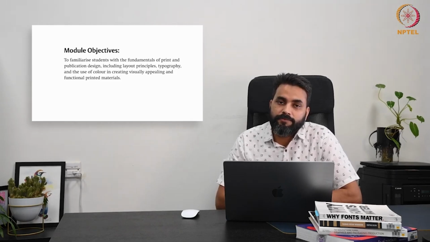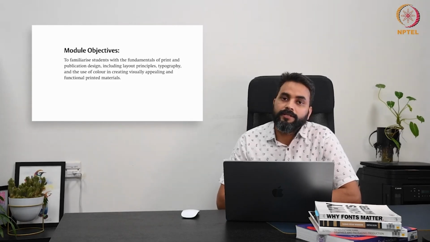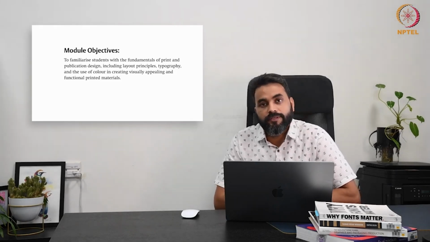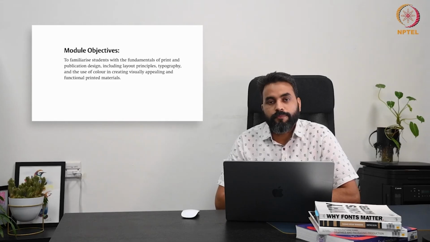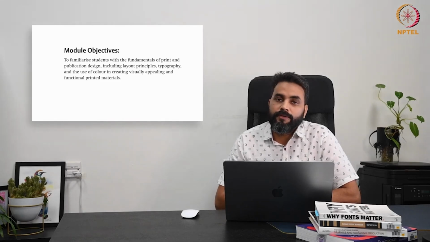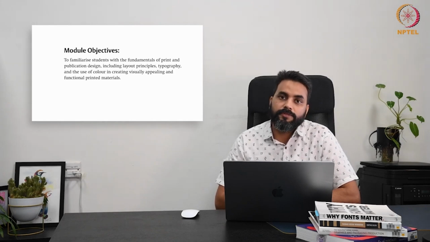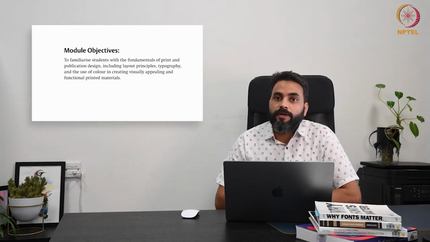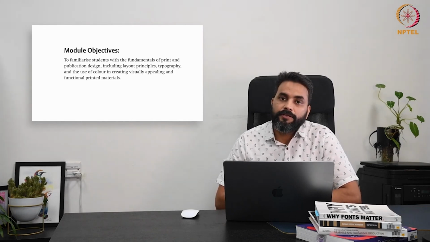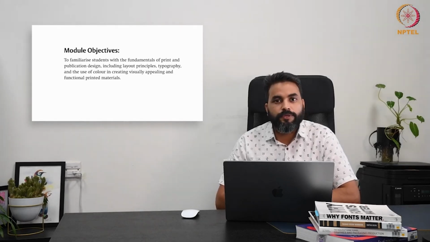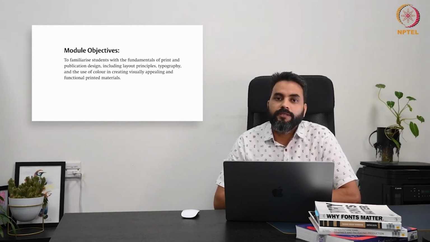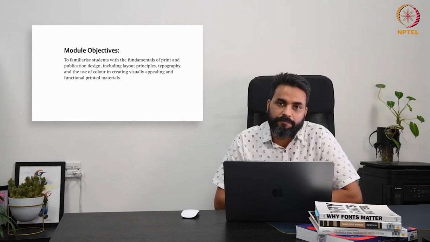So as I said, it's been a long journey, and whatever we have covered till now, everything from elements of design, design principles, typography, identity design, all aspects are going to help you create good publication design.